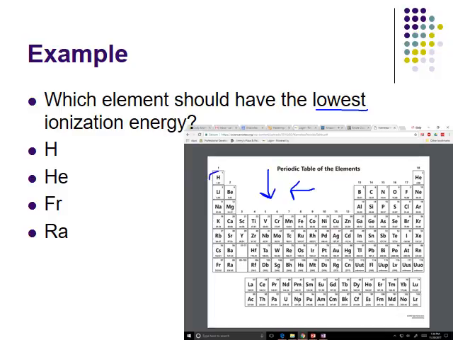So we see hydrogen, helium, francium, and radon. Which of those is the most down and to the left? The answer to that would be francium here. And because it's the most down to the left, it has the lowest ionization energy.